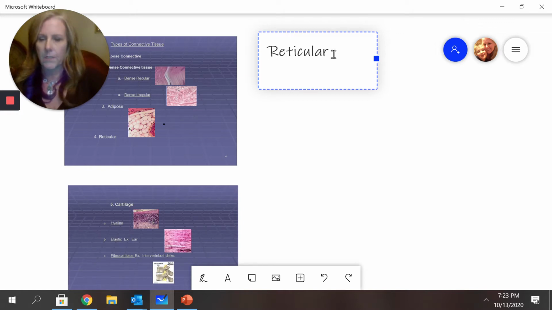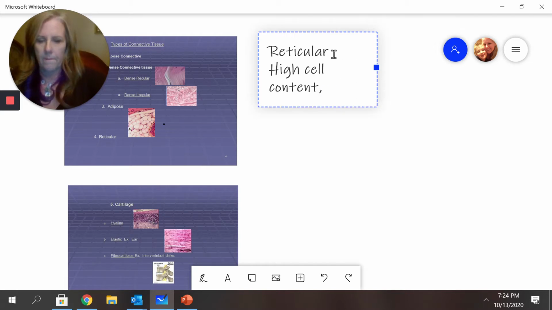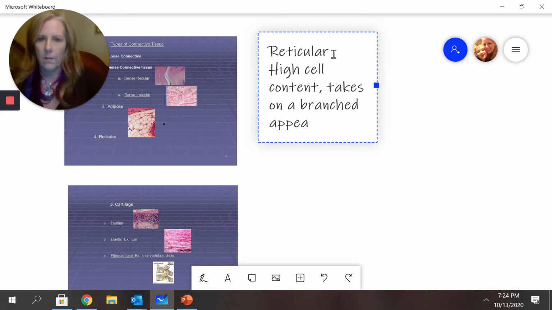So things to know about reticular connective tissue is that it has a high cell content, and it takes on a branched appearance.